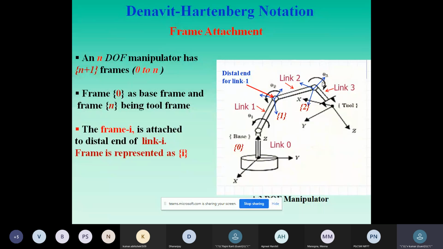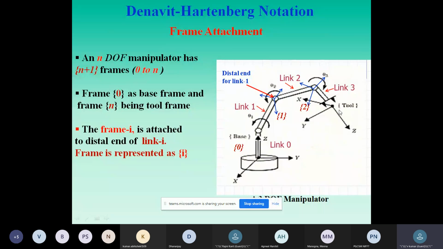Now frames. How will we attach the frame? Frames are similar to links. How many links are there? N plus 1. So there are N plus 1 frames because each link has one frame. So the base frame, link 0, is called the base frame, frame 0. This is a static frame, not moving.